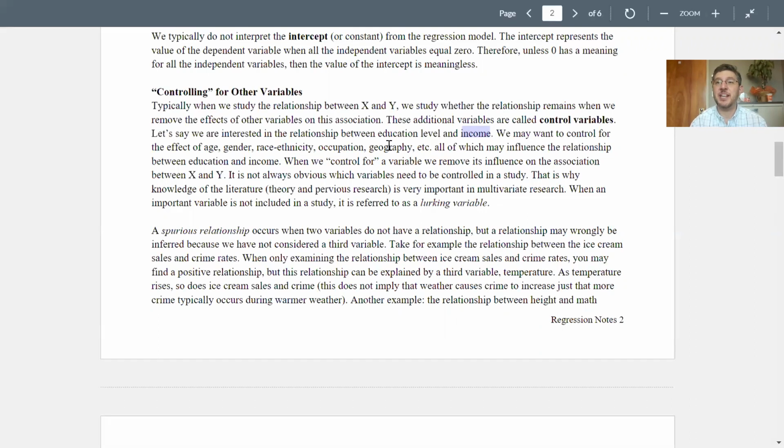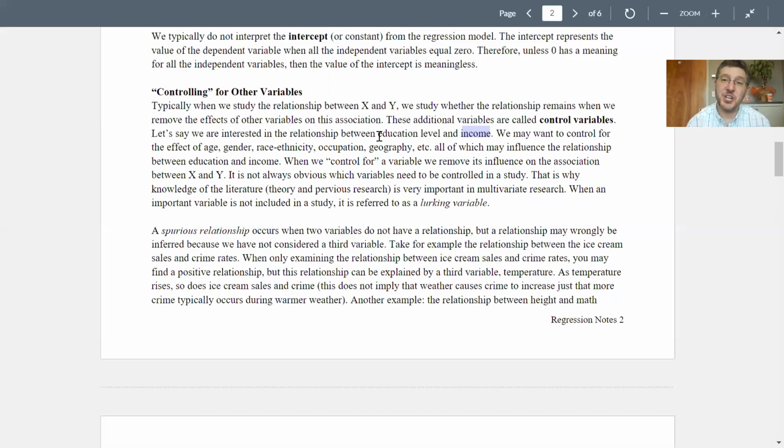The total correlation between them is going to be a little inflated once we then control or take into account. So we're saying if everyone was the same age, the same gender, the same race or ethnicity, had the same occupation and lived in the same geographical area, what is then the relationship between education and income? That's what we mean when we're talking about controlling for other variables.